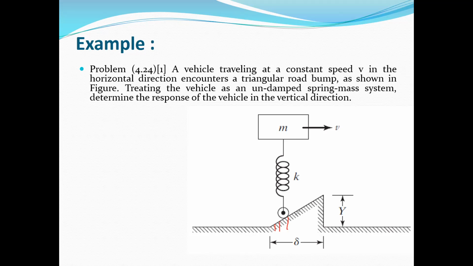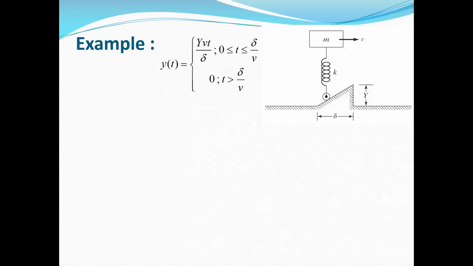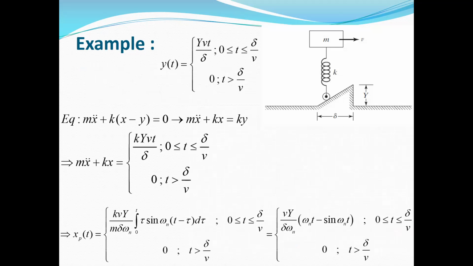Here you can see, we can assume at each moment there is an impulse, only the magnitude of the impulses is increasing with time. So we can find the response using the convolution integral for this term. For this purpose, we need to obtain the natural frequency and substitute it into the equation.